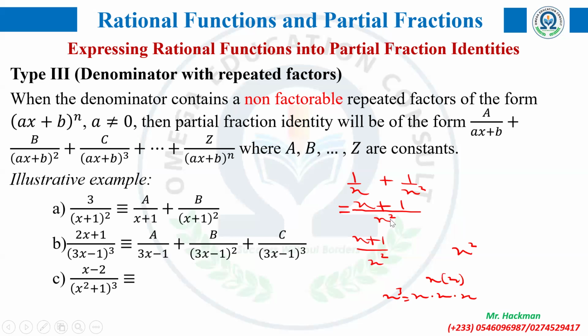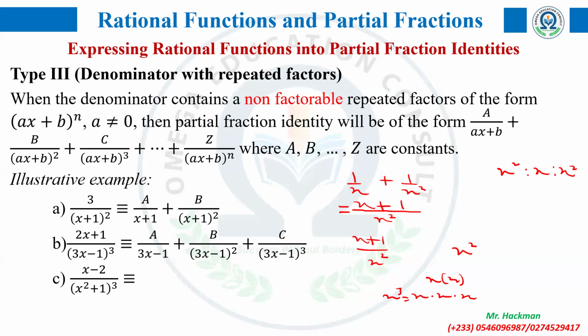Obviously, if you want to get the number of fractions that your repeated factor can give you, then you have to depend on the number of factors that your repeated factor possibly can have. So if I have x squared, I know that the factors, one of them will be x and the other will be what? x squared. Am I right? Because we know every number is a factor of itself. Is that clear?